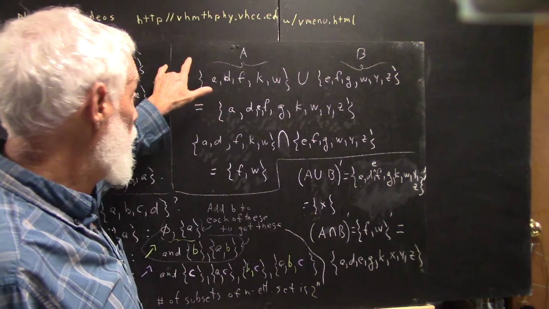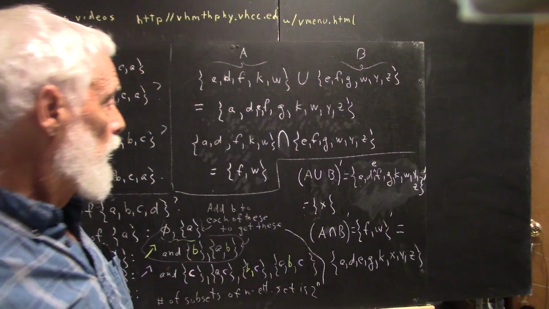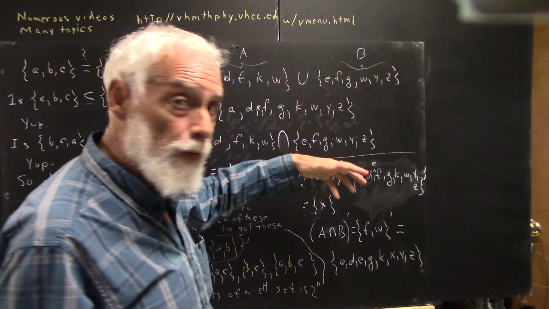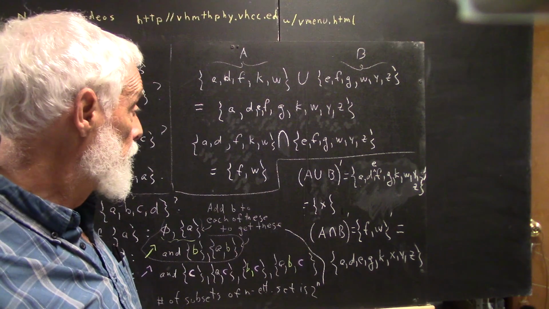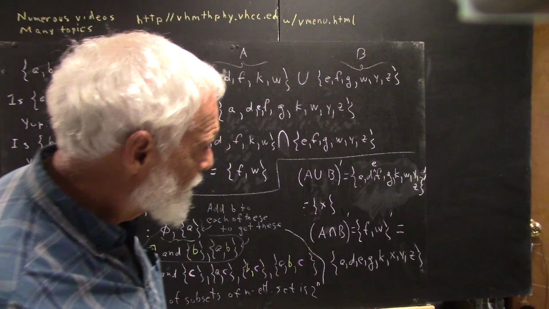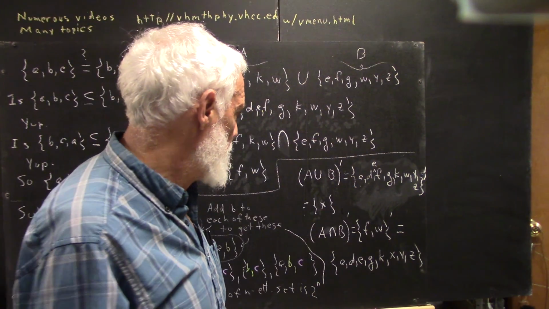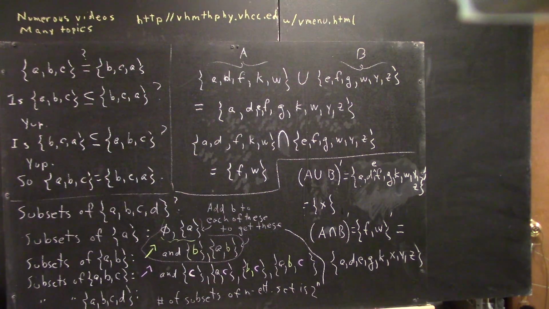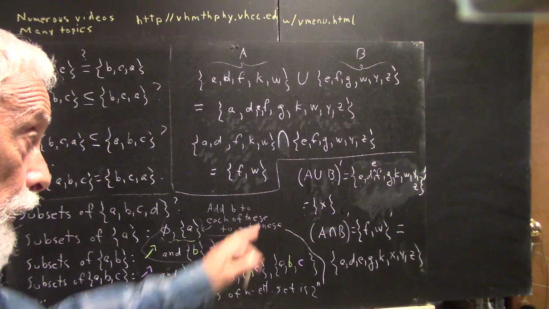It's not in the set A union B. So the complement of the set A union B is everything that's in that given universal set that doesn't occur in A union B. So, and I wrote this out badly. Actually, yeah, I'm going to come back to this complement and do just a little bit more, just so you see everything on the board.